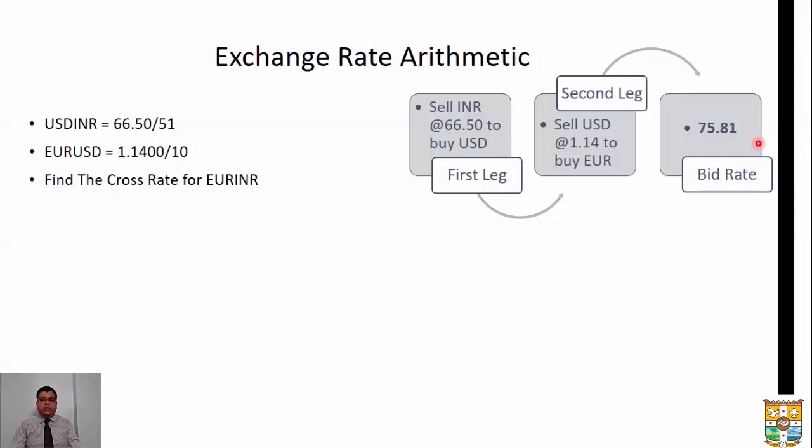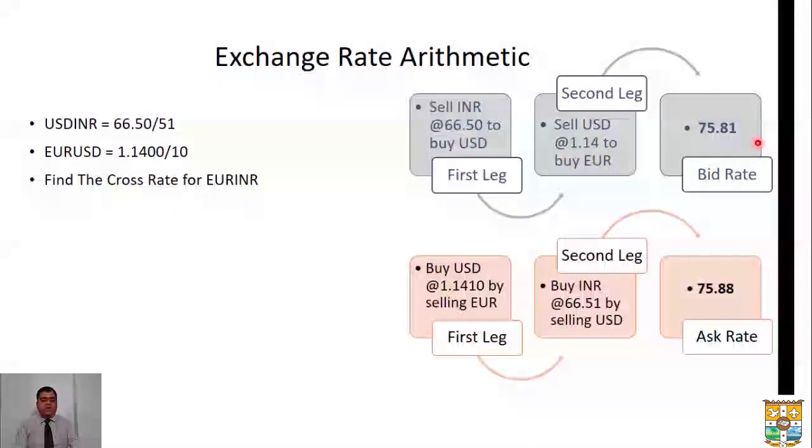We will do the same for the second leg also when we try to discover the offer rate. In this case, we will first buy USD by selling euro. So we are going in the roundabout way. We are selling euro to buy USD at 1.1410.